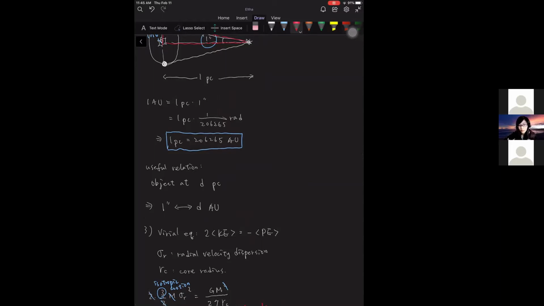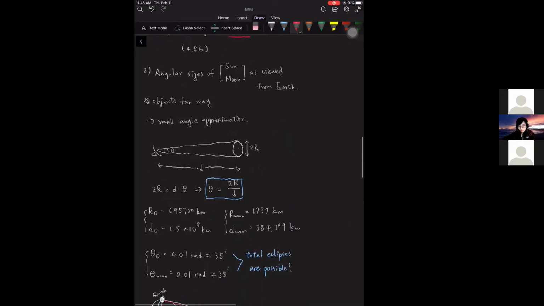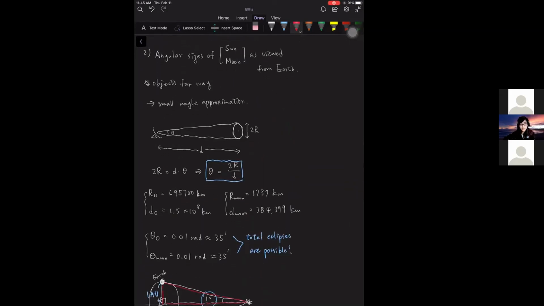Okay, so if we look at this diagram, this figure for the small angle approximation, it is basically saying we are observing an astronomical object, right?